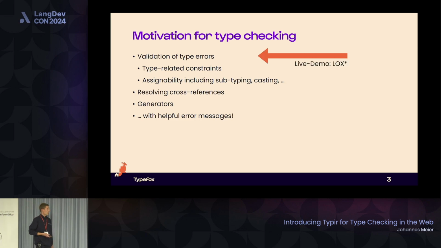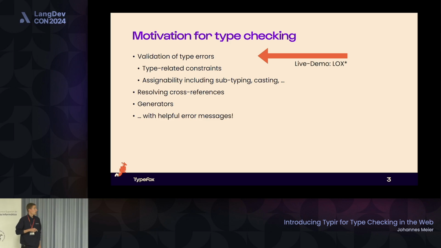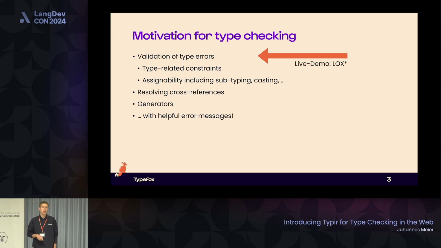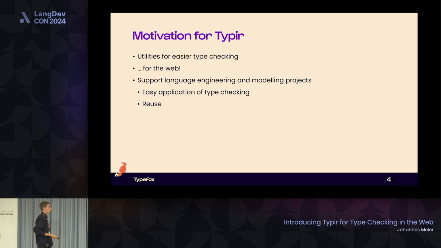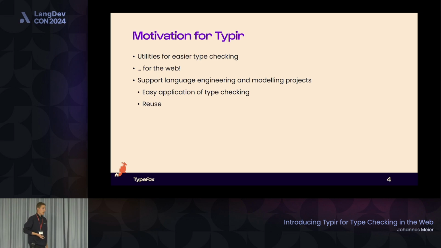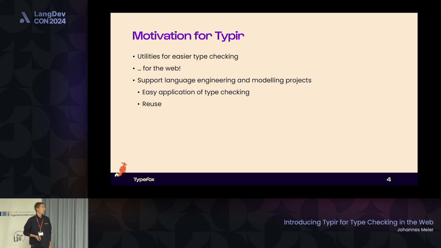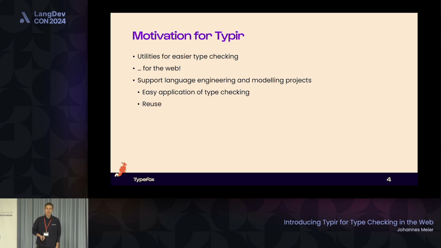Today, in the live demo, we focus on the validation part and on an expression language regarding arithmetics, which is Logs, but strongly reduced Logs. And in general, the motivation for us to develop utilities for type checking is that we want to ease that in practical language and modeling projects.